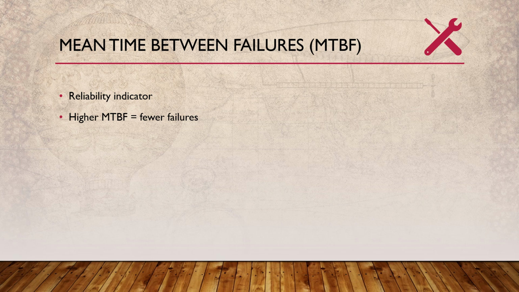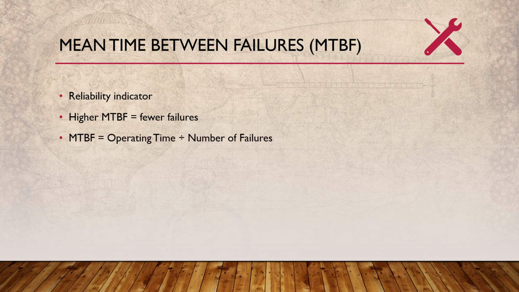So the desirable thing is that engineers should try to keep the MTBF as high as possible to avoid repetitive maintenance. Mean time between failure is basically the duration between two successive failures.